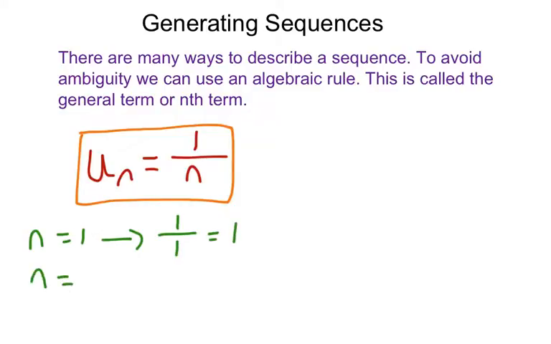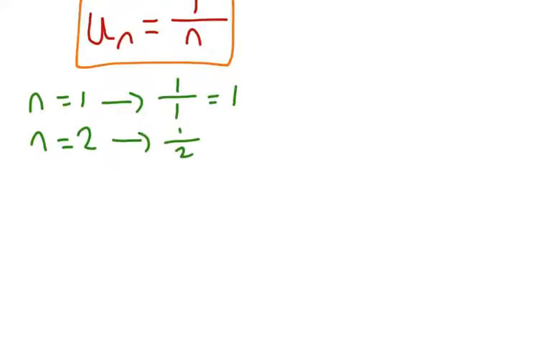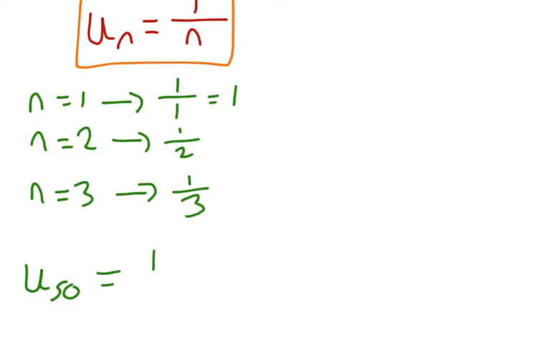If we want the second term, it's n equals 2, which is 1 over 2, or a half. If we want to know the third term, we can do n equals 3. We get 1 over 3, or a third. If we wanted the 50th term, we can do u50. We put n equals 50 in, and this time we get 1 over 50.